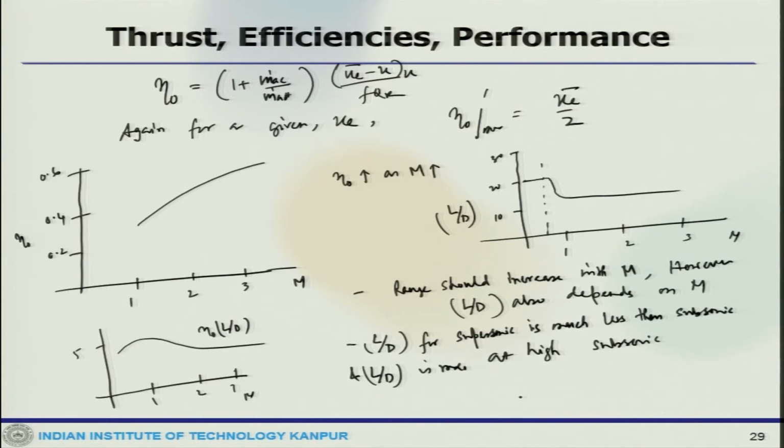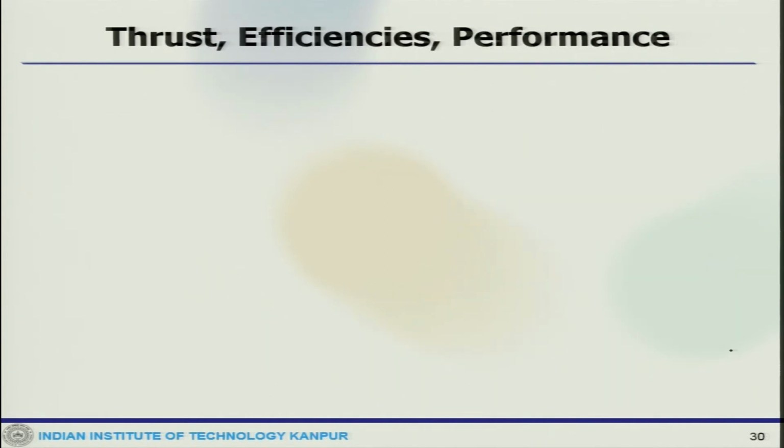For the product of eta naught L by D, this is also maximum at high subsonic. Okay. Now, for a given fuel consumption rate, maximum range is obtained at high subsonic flight.